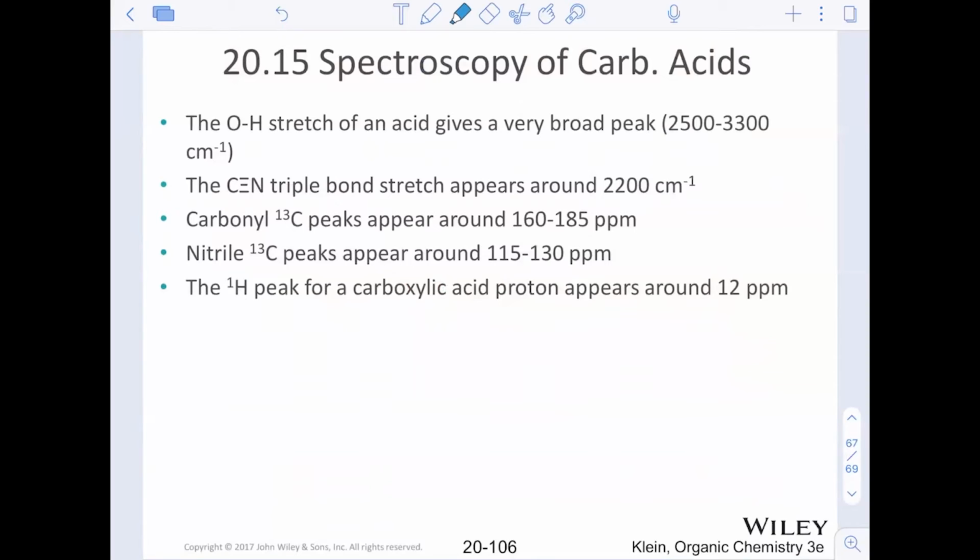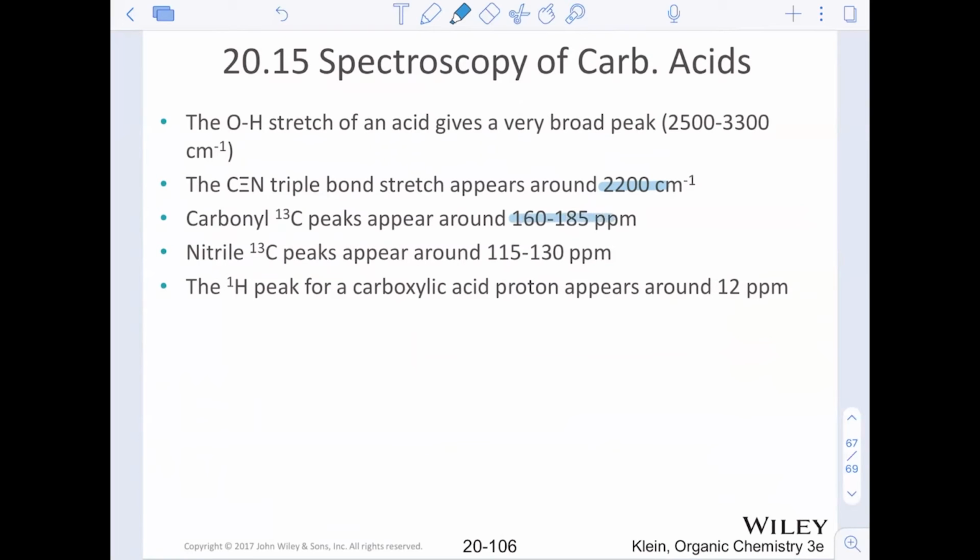The OH stretch of an acid gives that very broad peak, so carboxylic acids tend to be a little bit more easy to define. The carbon-nitrogen triple bond stretch is relatively easy to see, around 2200 cm^-1. Carbonyl peaks on IR are difficult, but on carbon-13 are very easy to identify.